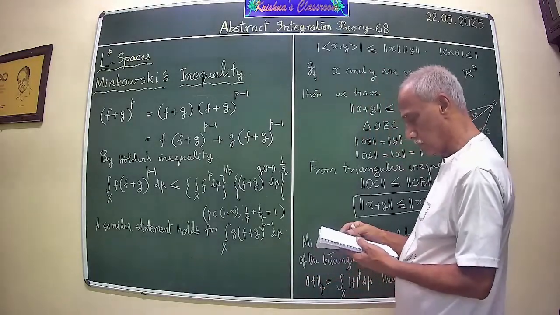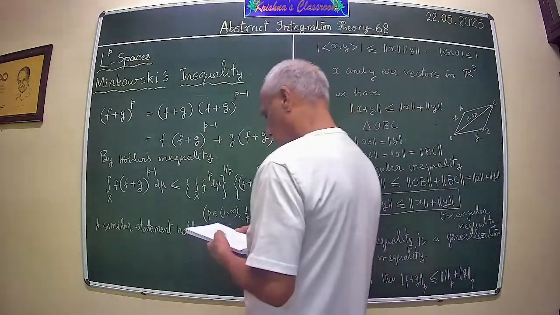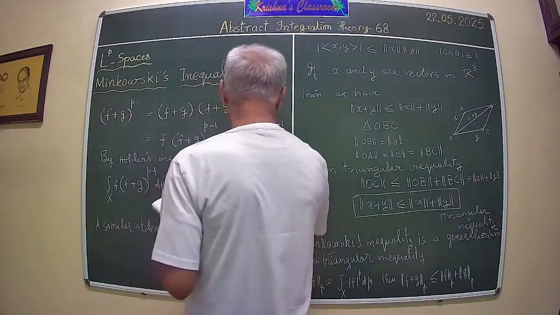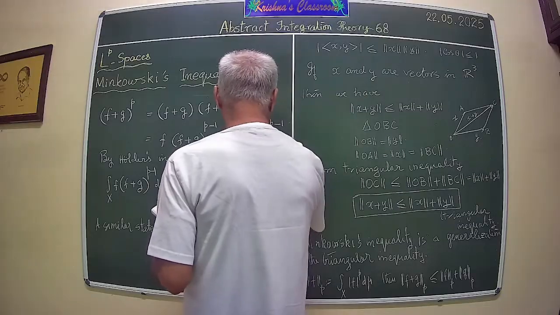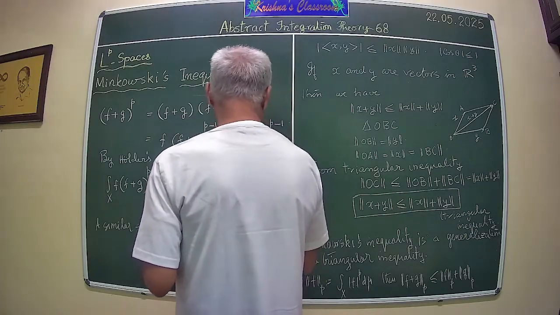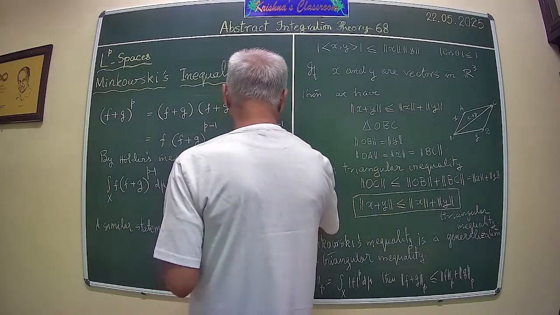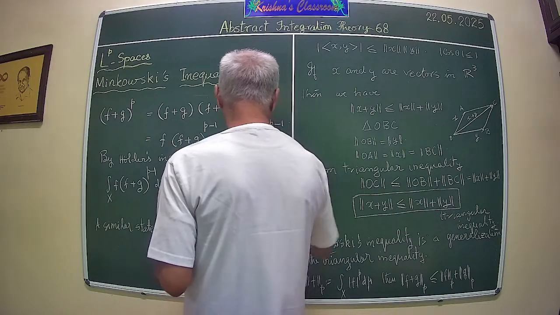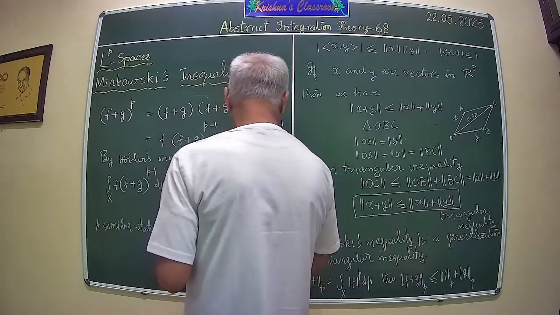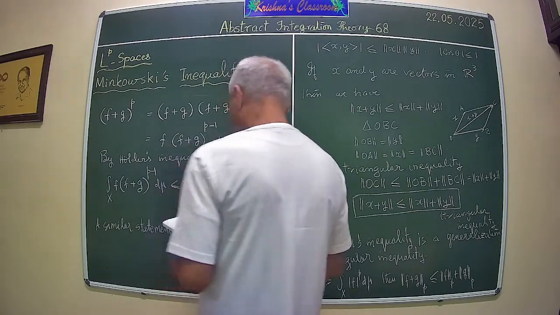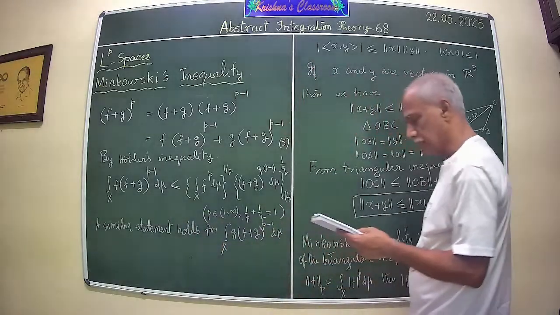You call this 3 and this 4, and you have an analogous statement for this one.